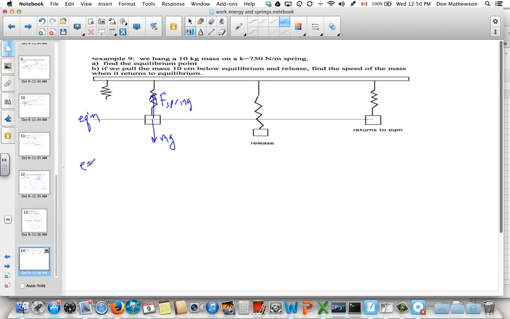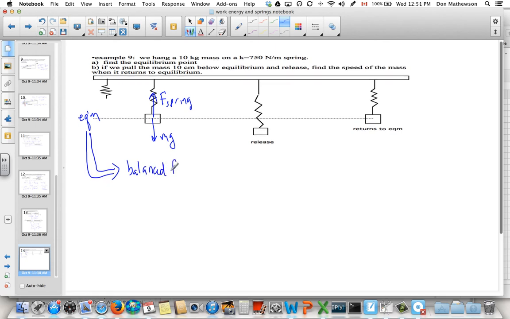So the definition of equilibrium implies balanced forces. Now, balanced forces just means that these two are the same. Or if you want, the sum of the y forces, which is an upward spring force and a downward weight, will be 0 because it's at equilibrium, it's at rest.